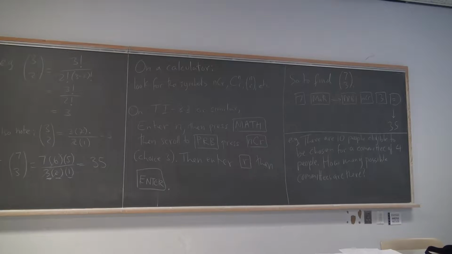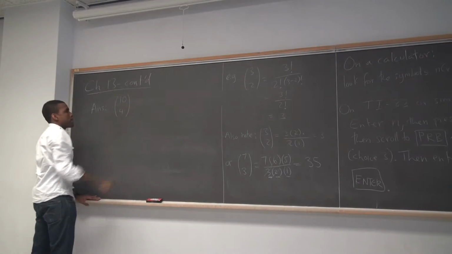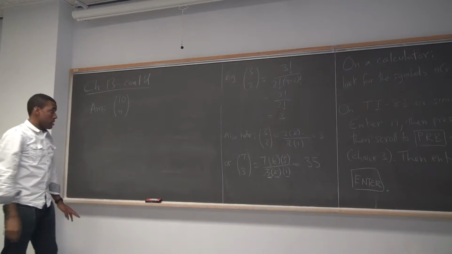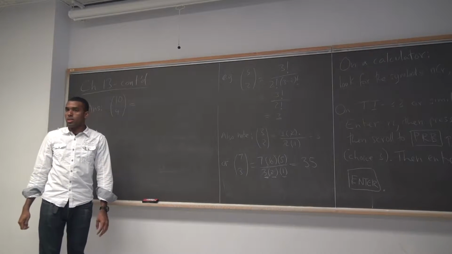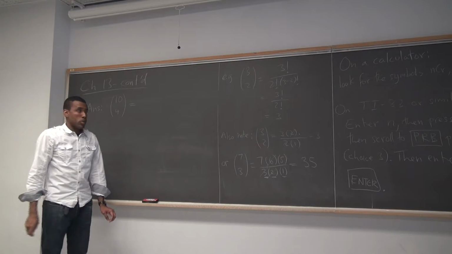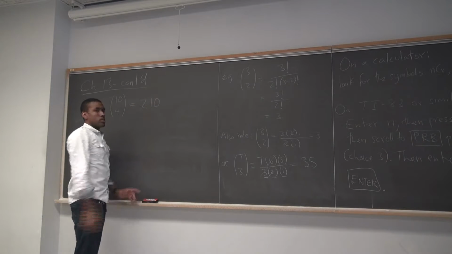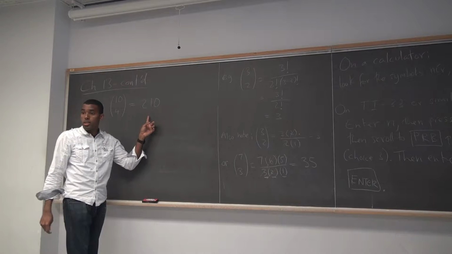The answer is 10 choose 4, which you can plug in your calculator. What answer would you get if you tried that? 210, right. So make sure you can actually do this in your calculator. You should get 210 as the answer. Right?